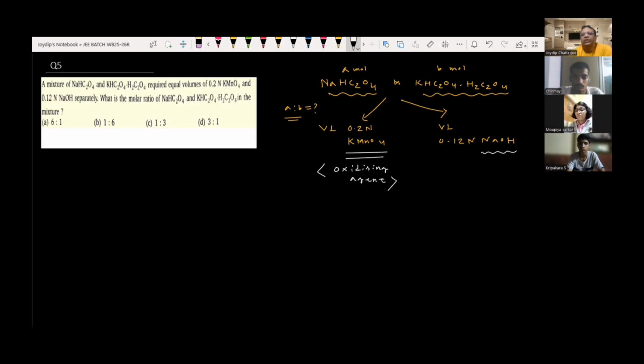But here NaOH is a base. So the reaction with NaOH will not be a redox reaction. That will be an acid-base neutralization reaction. That you have to keep in mind, right? But in both cases, reaction with KMnO4 and reaction with NaOH, we can use the law of chemical equivalence.